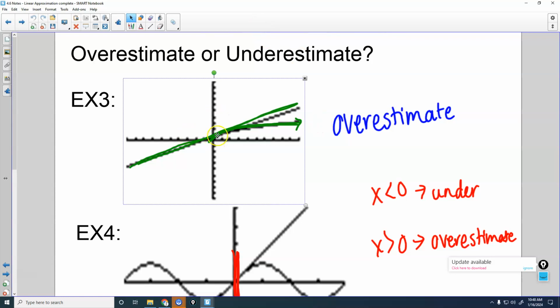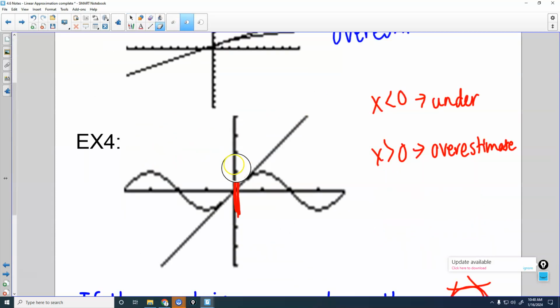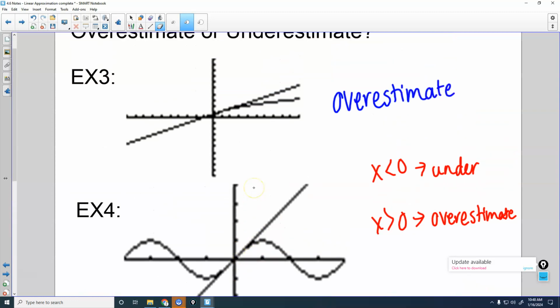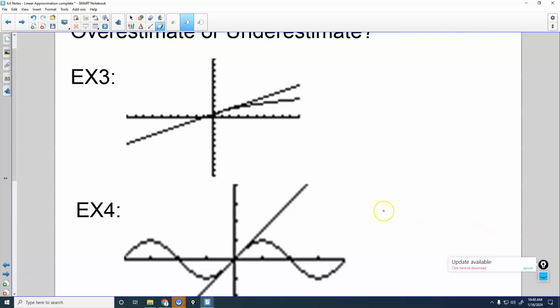All right, so if I erase the writing that I have on this one and on this one as well. So let's talk about what would make this an underestimate or an overestimate. So we just graphed this. This is the one that we just did. We had a tangent line right here at 1, and we were looking at 1.1 right here.